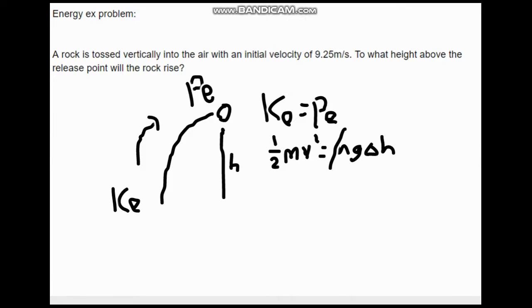So now we can just cancel out the mass, and all we need to do now is solve for the change in height. So change in height is 1/2 v squared divided by gravity.